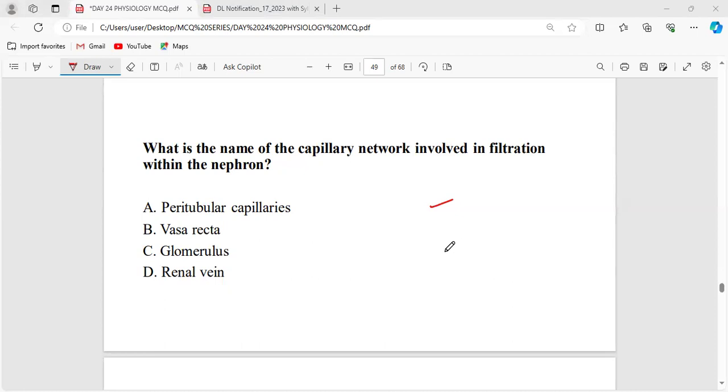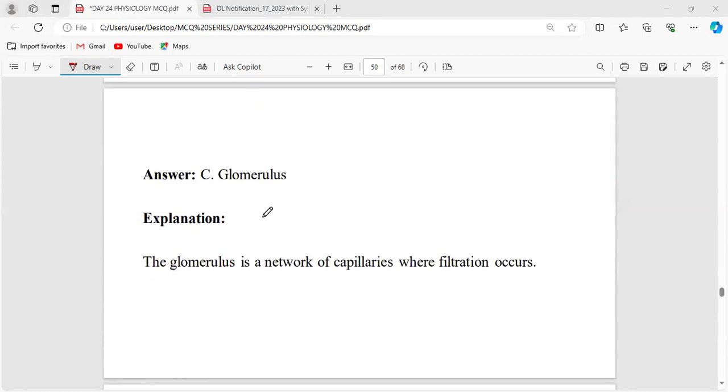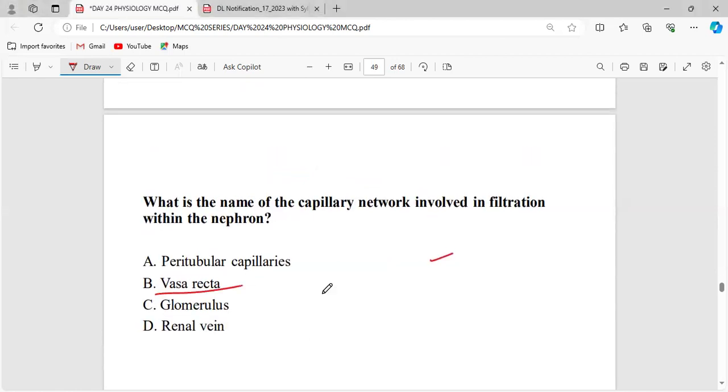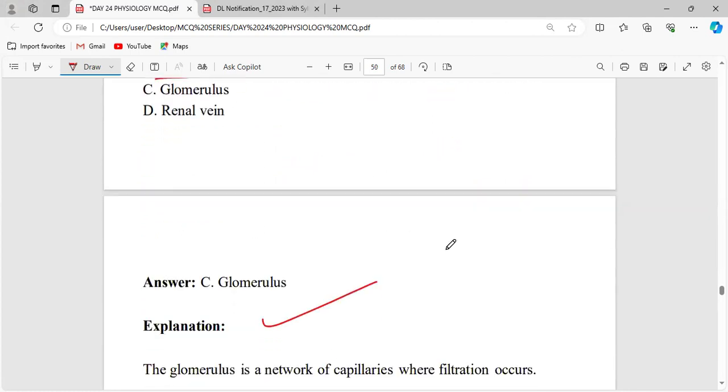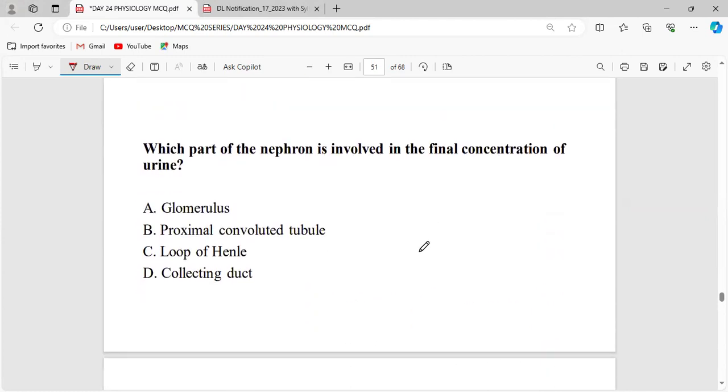That will be the glomerulus. And do you have any confusion with the vasa recta? It's just a vessel that arises from the end part of the artery, generally related to the intestine.